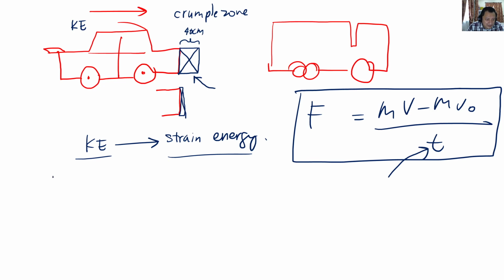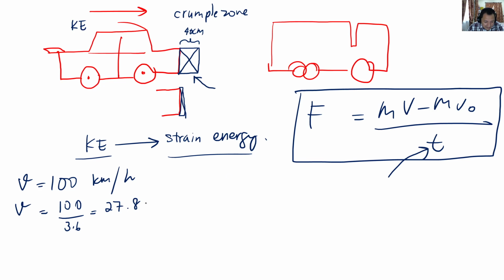If your car is traveling at 100 kilometer per hour, what is that in meter per second? 100 divided by 3.6 is 27.8 meter per second.